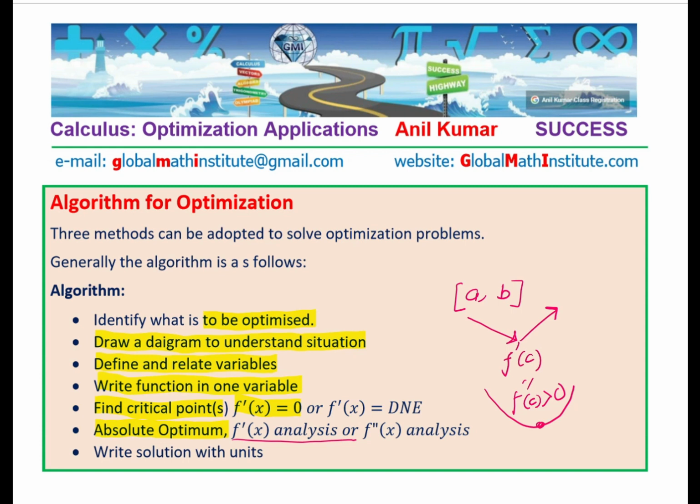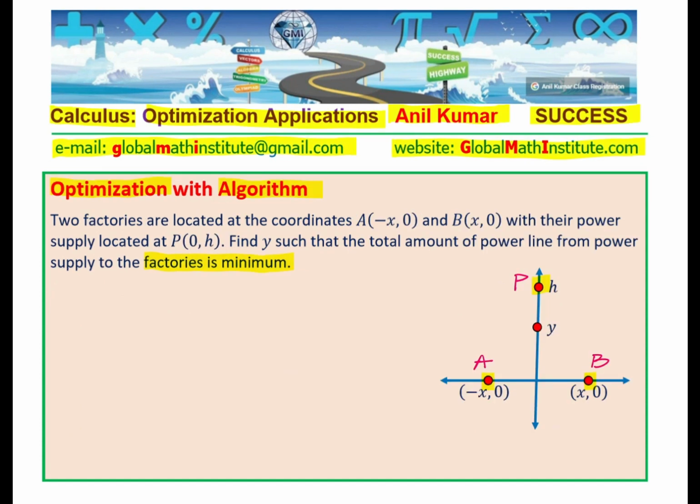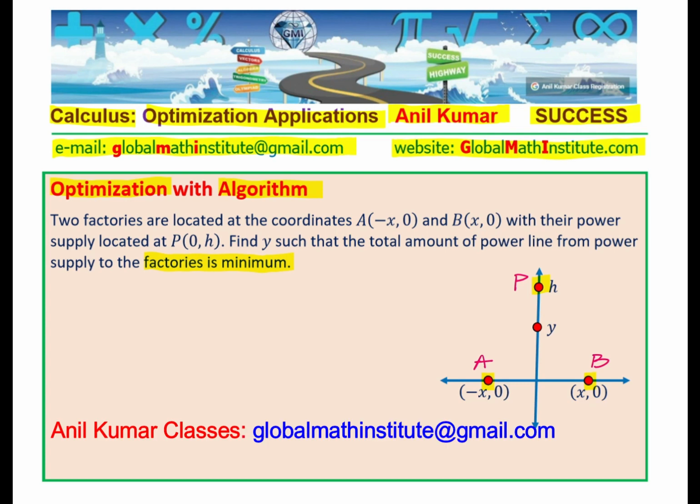Great. So now let's begin with our solution. Just now we discussed that we know the variables given to us. Now we need to find a relation which is the length of the power line. So what could be the length of the power line? The power line starts with point P, and somewhere at y it bifurcates into two symmetrical portions.